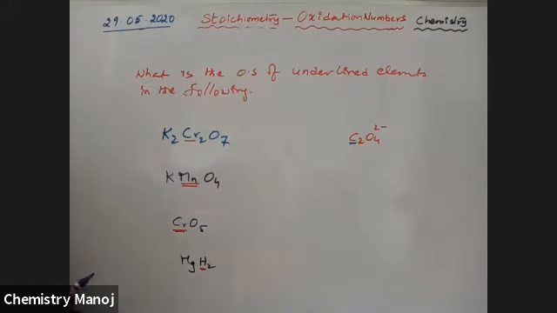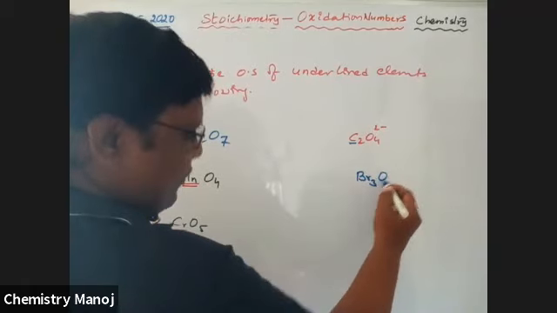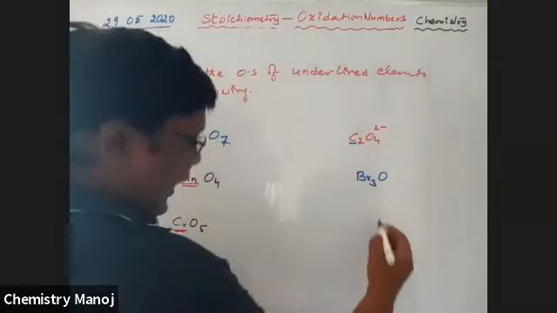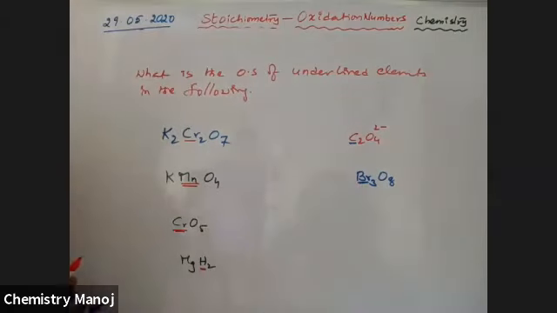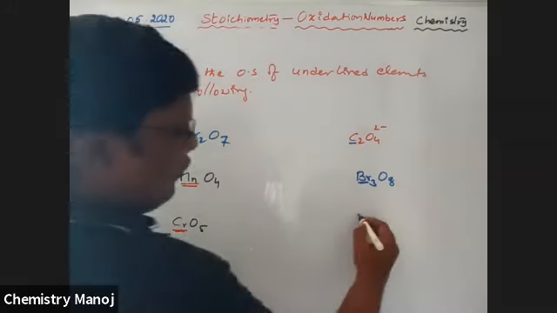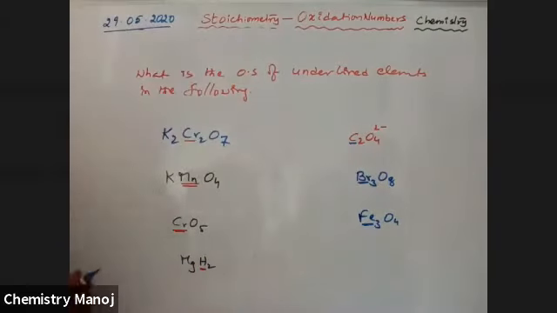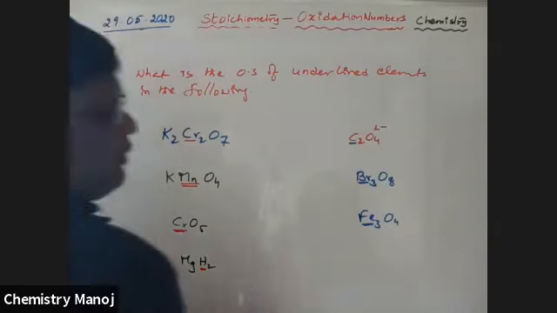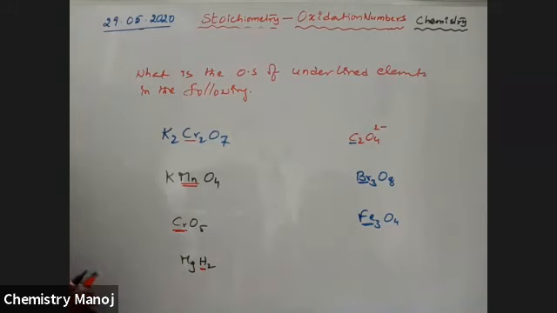Next, Br3OH. Underlined element is bromine. Fe3O4. Underlined element is iron. Okay. So these are the different conditions. You should calculate oxidation state of the underlined element. So now I'm going to calculate one by one. See here.